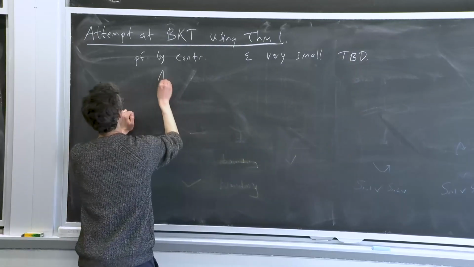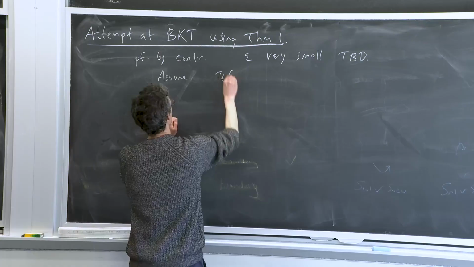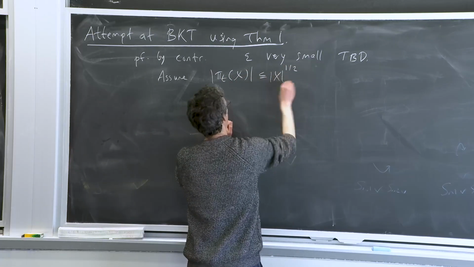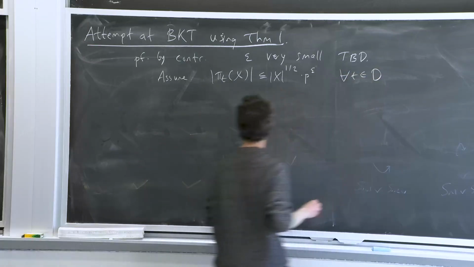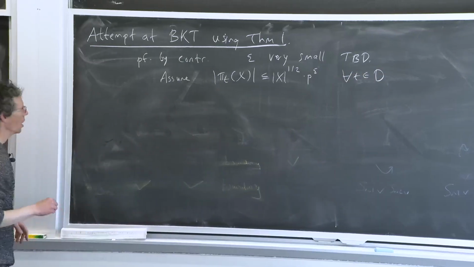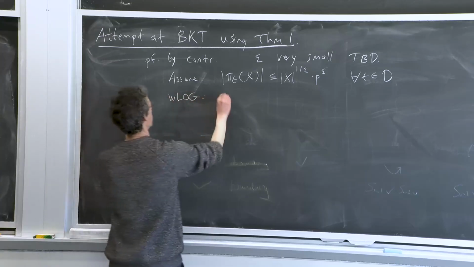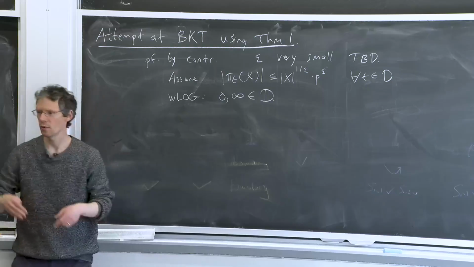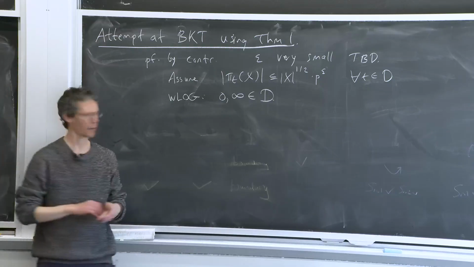And so then we'll assume that pi_t of X is less than |X| to the half times p to the epsilon for all the t's in D. So proof by contradiction, so we can assume that. And also, without loss of generality, we can suppose that 0 and infinity are in our set of directions D. So in other words, we include the horizontal projection and the vertical projection.